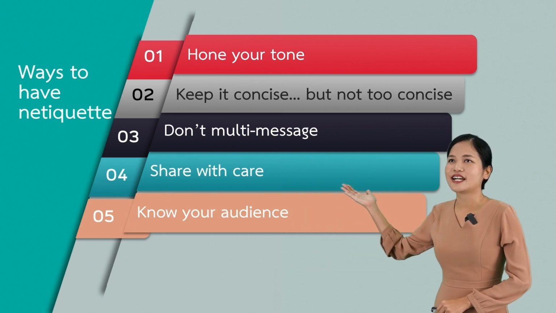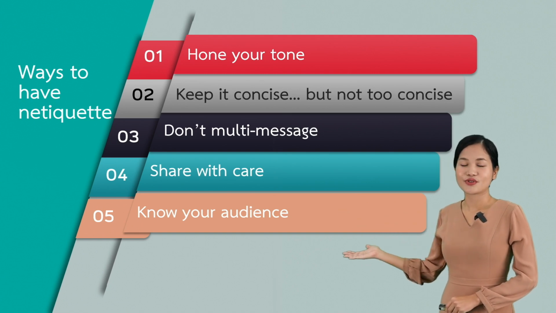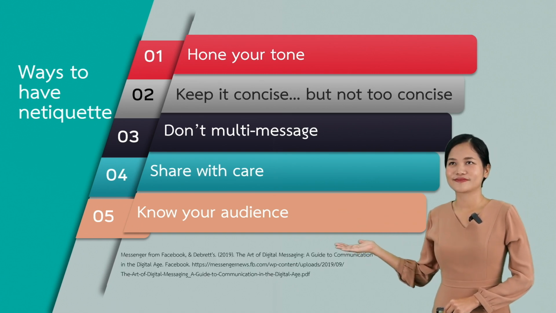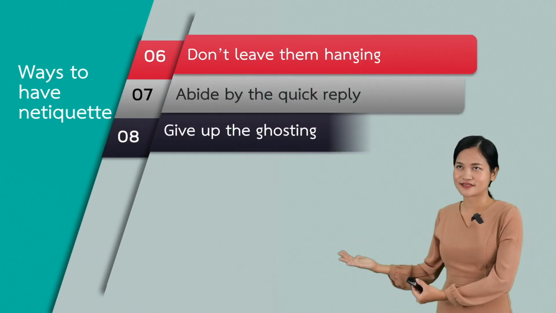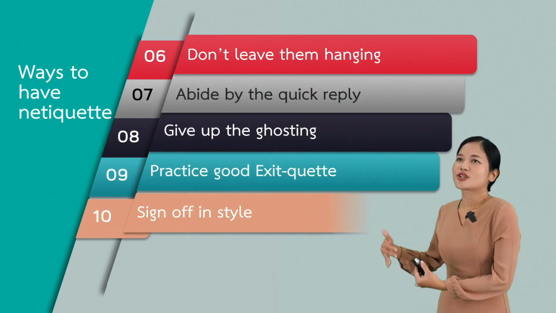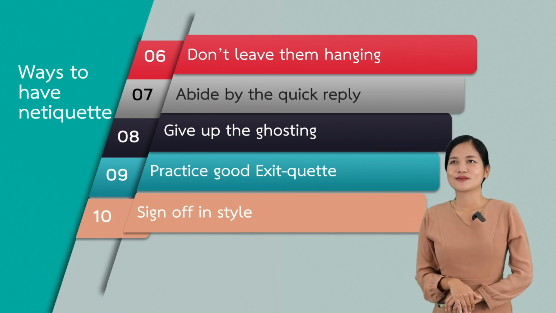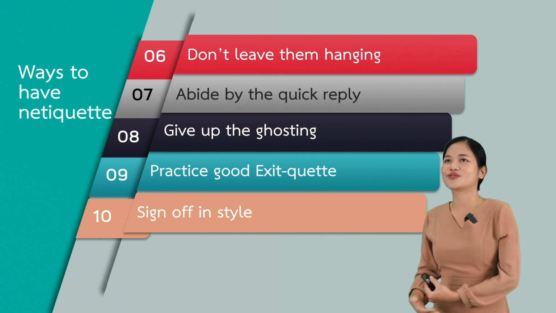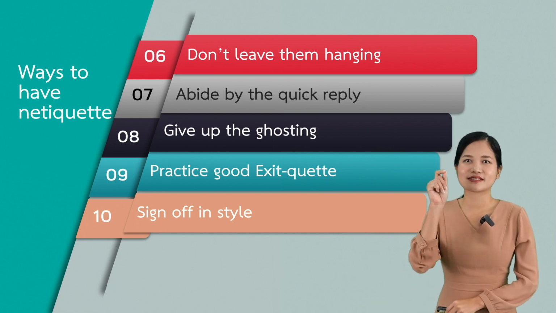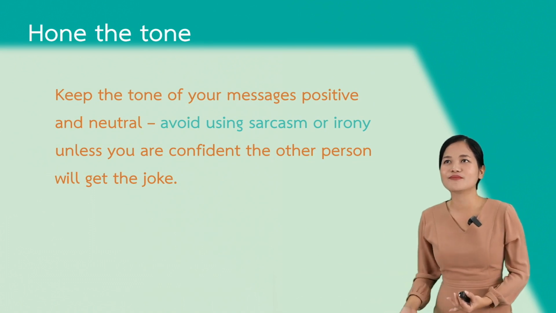Don't multi-message. Share with care. Know your audience. And number 6, don't leave them hanging. Abide by the quick reply. Give up the ghosting. Practice good exit manners. How to leave in a good manner. Sign off in style.